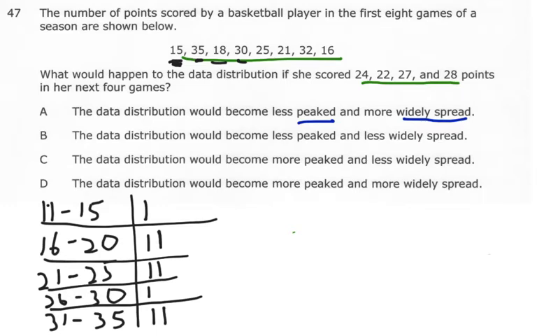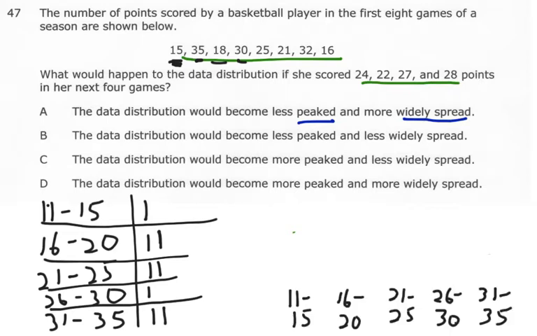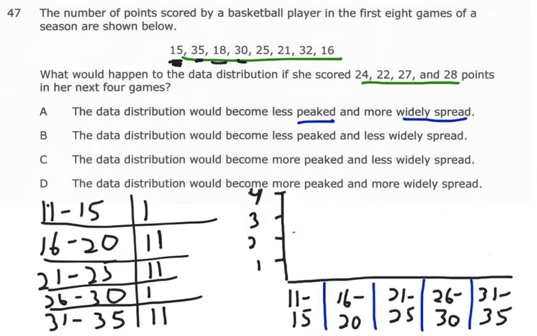Well, that didn't take long. So if I was to graph that, I would do 11 to 15. I just wrote all of those intervals down at the bottom, and now I'm going to graph them with a bar graph. Okay, and then my frequency is right here on the y-axis.